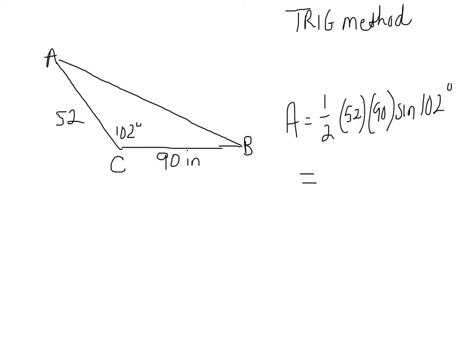And I get 2289, and that would be inches squared, because it is an area. An area is always in inches squared. So really that's all it is. If I have side angle side format, then I would use this trig method to find the area of that triangle.